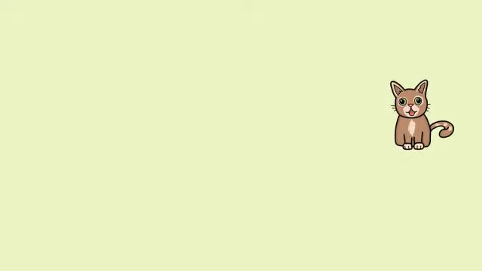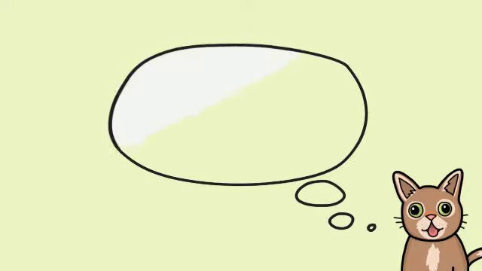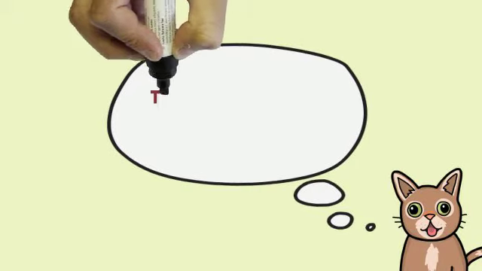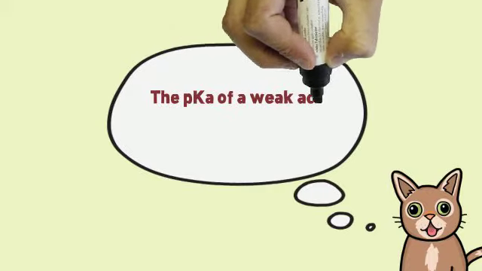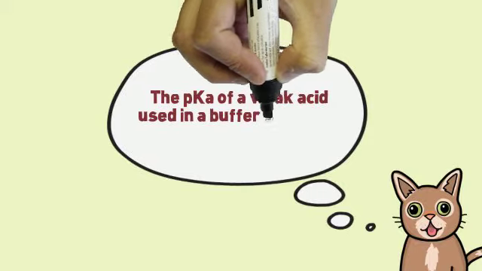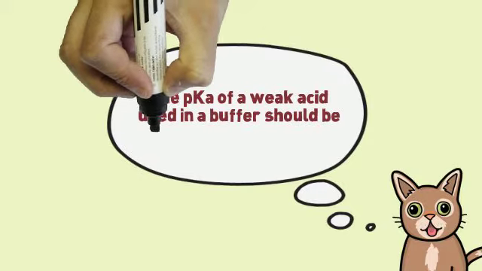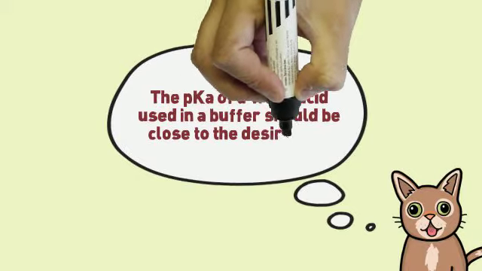Here's a little kitty cat. And the pKa, well, the kitty cat is talking. The pKa of a weak acid used in a buffer should be close to the desired pH.